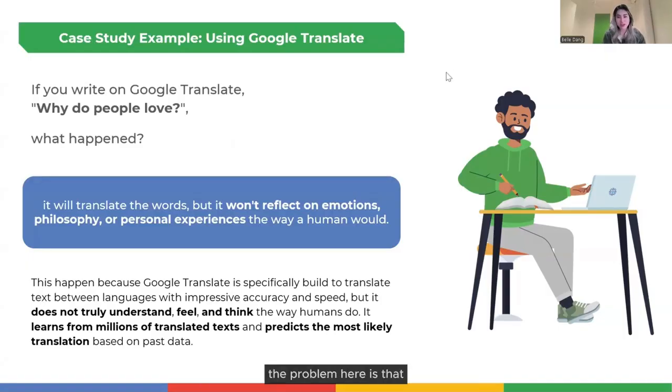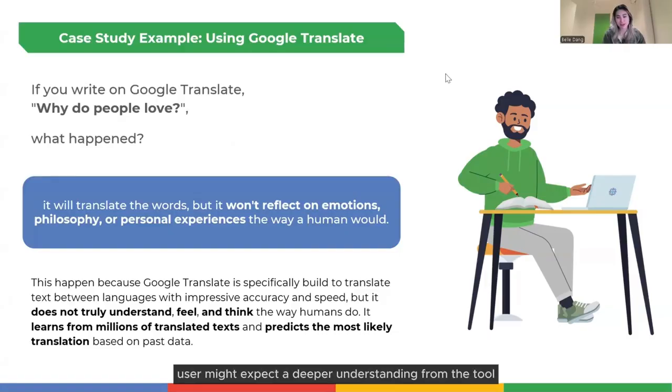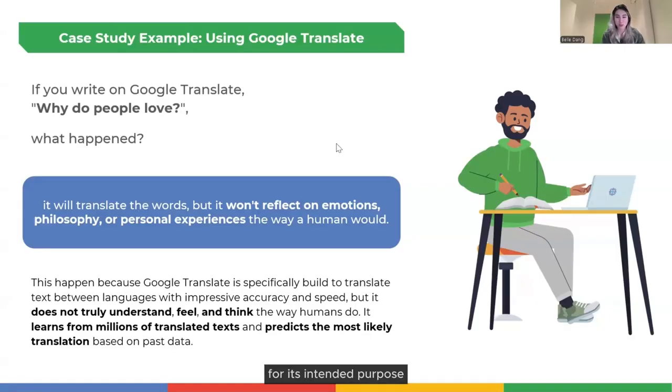The problem here is that users might expect a deeper understanding from the tool. But the answer we should realize is that Google Translate is specifically designed for efficient language conversion. It excels at accuracy and speed, but it isn't meant to interpret abstract ideas. So this showcases the importance of using AI for its intended purpose.